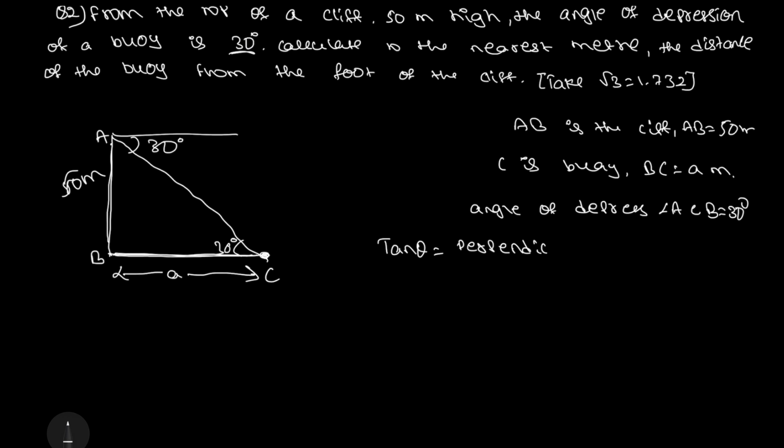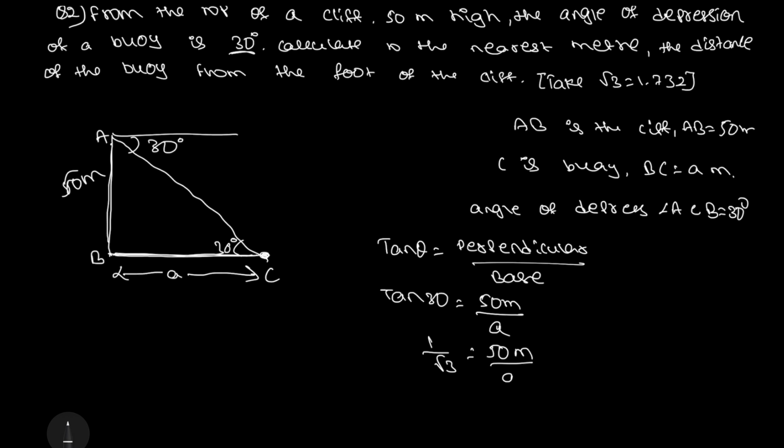Tangent is equal to perpendicular by base, right? Here we have our theta value, so tan 30 is equal to the perpendicular, 50 meters, and we have considered our base as A. We know tan 30 is 1 by root 3, which is equal to 50 meters by A. So we need to find our A value, which is A equal to 50 into root 3 meters.